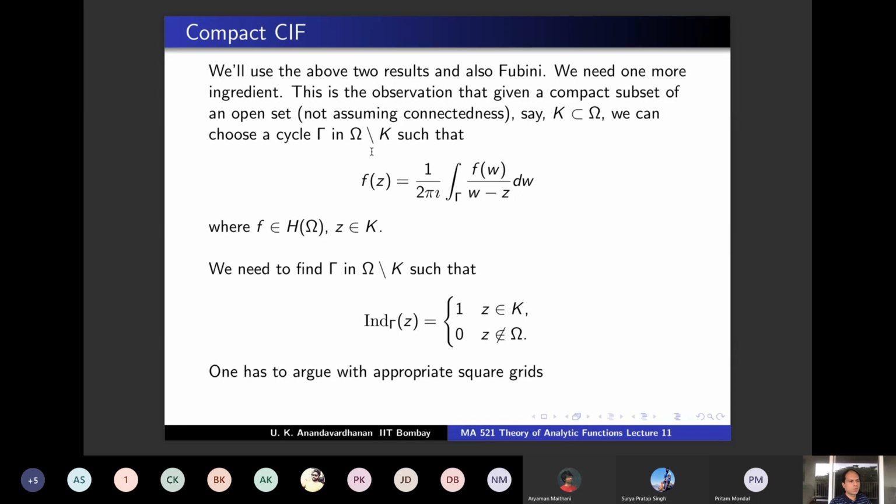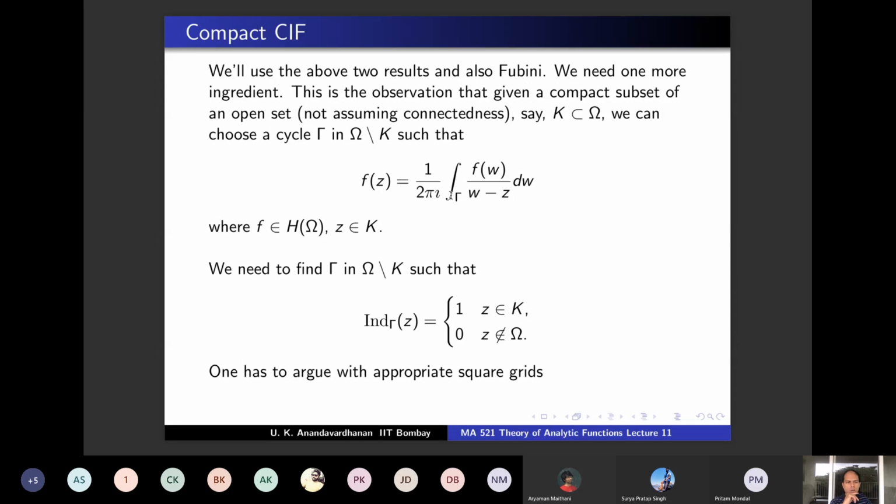So what was Cauchy's theorem once again? Where did we prove Cauchy's theorem? Cauchy's theorem, meaning the global Cauchy integral formula, said that you have such a thing whenever f is holomorphic on omega and gamma is homologous to 0.